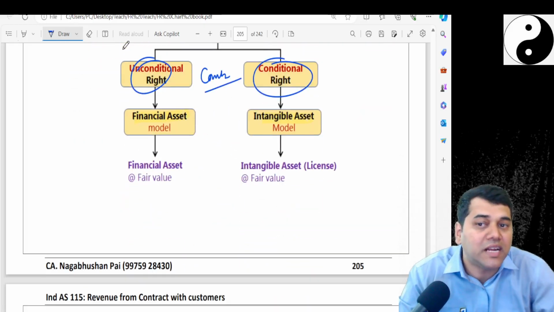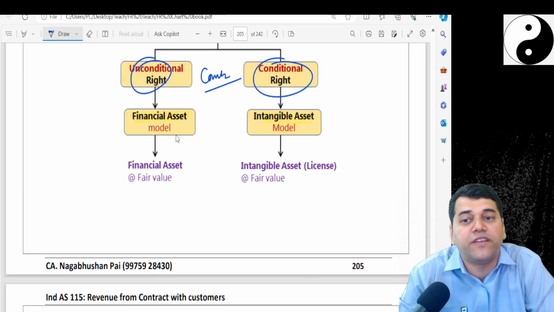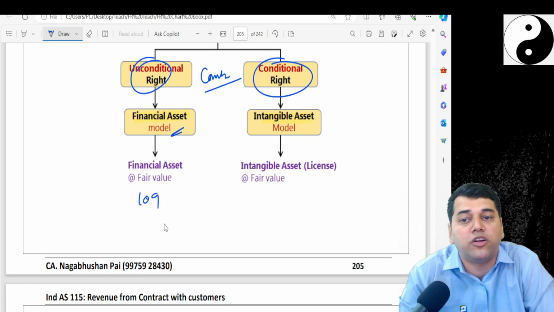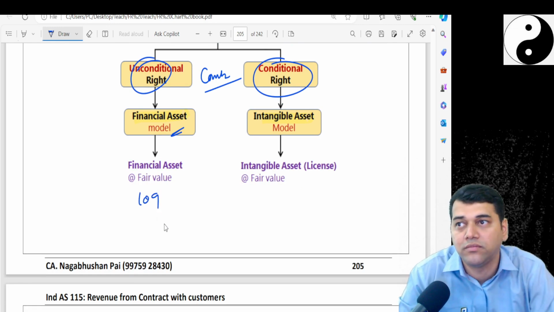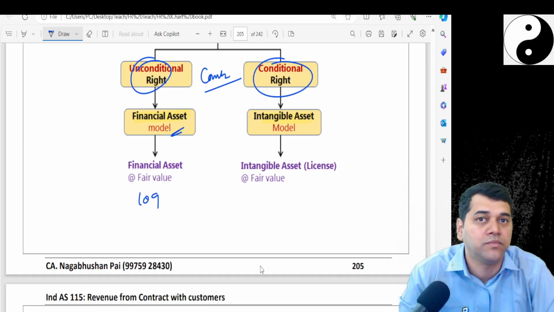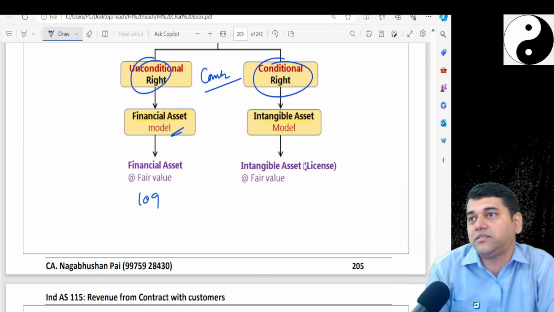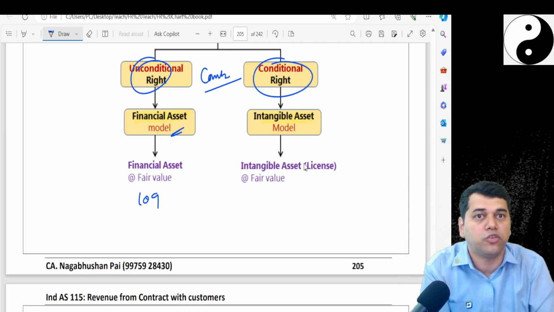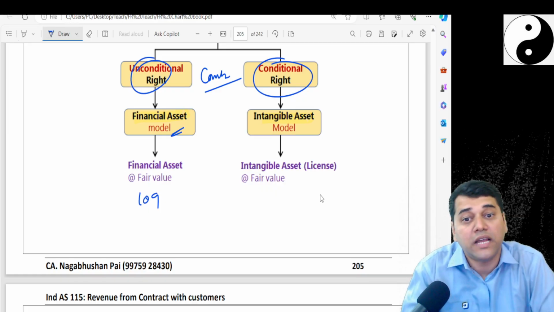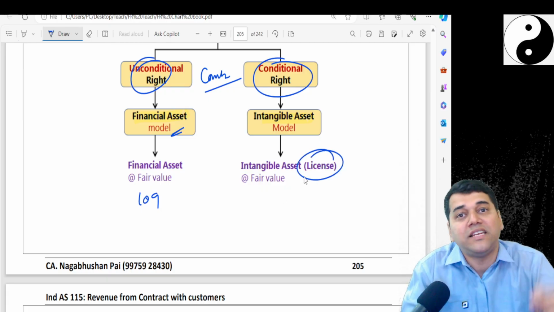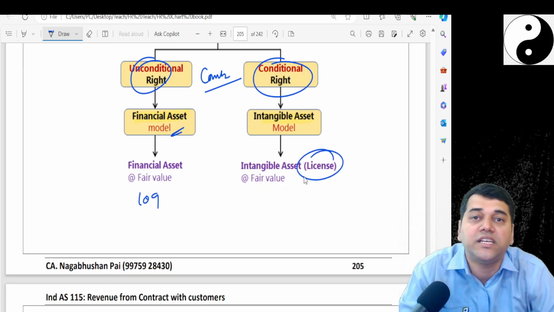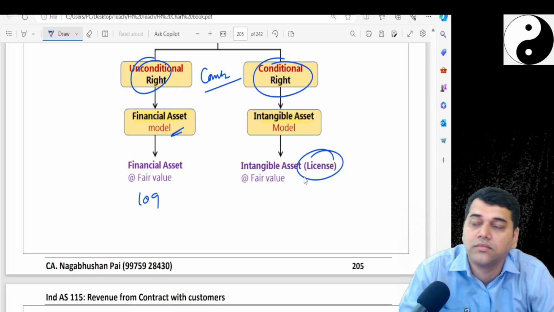Now the unconditional part is called the financial asset model, and I have to account for it as per 109 at fair value. I have to recognize government as my customer. In the conditional case, since I don't have any customer there, because my customer is unseen, I should recognize the license as an intangible asset as per Ind AS 38. Are you clear?